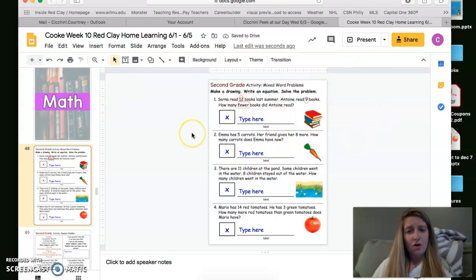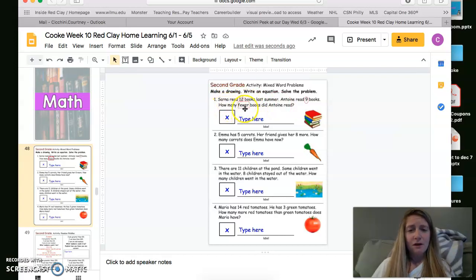Thinking about this word problem, I'm going to read it a second time. The first time I was just reading to find the information. The second time I'm reading to understand it. Sarna read 12 books last summer. Antoine read 9 books. From that I know Sarna read more.